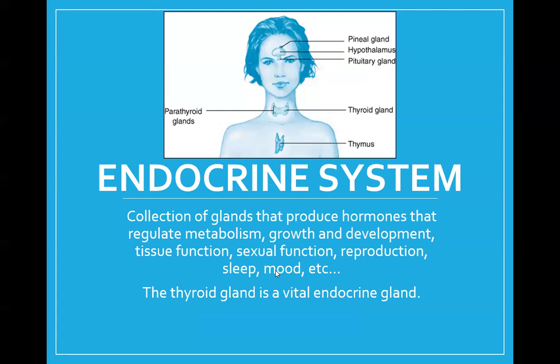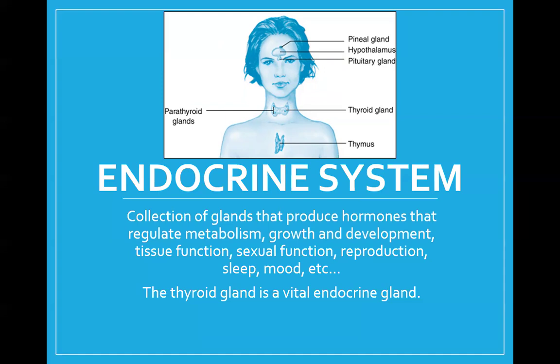The endocrine system as a whole is a collection of glands. They all produce different hormones. There's a lot of roles in regulation of metabolism, growth and development, tissue function, sexual health, reproduction, sleep, mood. They're incredibly important.